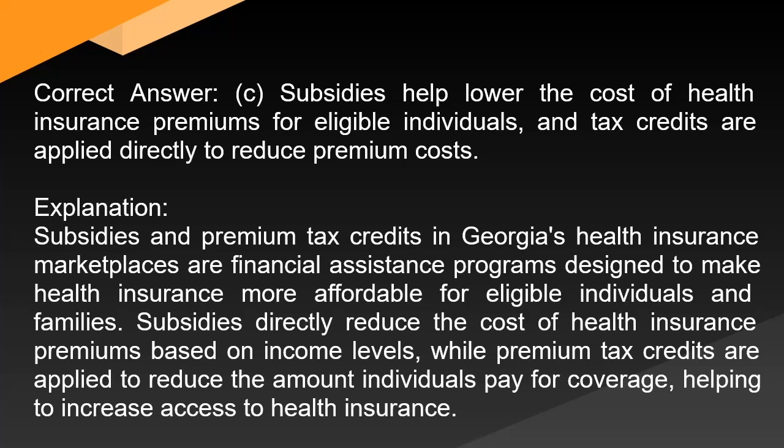Explanation: Subsidies and premium tax credits in Georgia's health insurance marketplaces are financial assistance programs designed to make health insurance more affordable for eligible individuals and families. Subsidies directly reduce the cost of health insurance premiums based on income levels, while premium tax credits are applied to reduce the amount individuals pay for coverage, helping to increase access to health insurance.